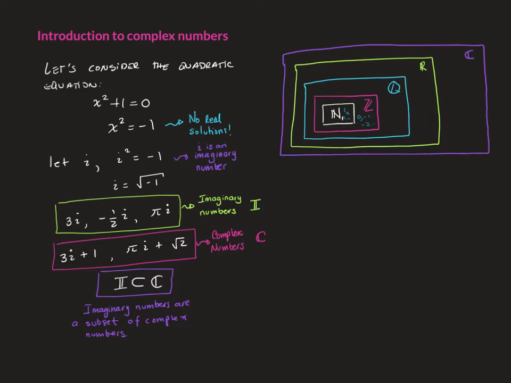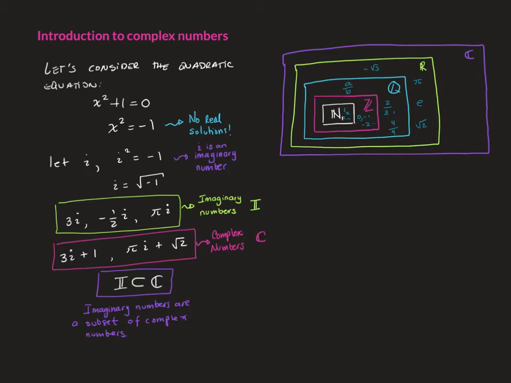And when we include all the fractions, we get the rational numbers. So here we can find numbers like 2/3, like 4/9, any number that can be written as a fraction. And when we combine those with numbers that cannot be written as fractions, such as pi, e, or the square root of 2, the square root of 3, etc., then we get the real numbers.